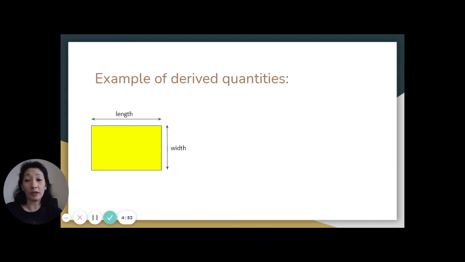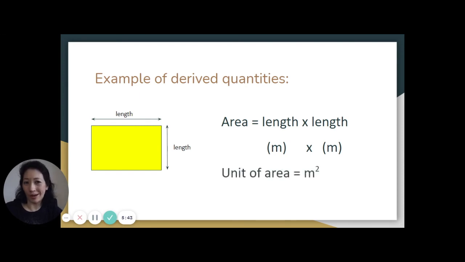So even though width does not appear in the base quantity list, it is a type of length, so we can consider width also as a base quantity. In this case, because I want to stick to terms in our base quantity list, I'm going to rename width as length. So if we want to calculate the area of this rectangle, we can express it as length times length. In terms of the units, and I'm going to use SI units over here. Length is meter, which means that the unit is actually meter times meter. And that's how we get the unit for area as meter squared.